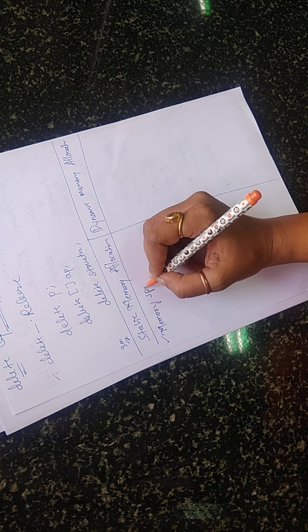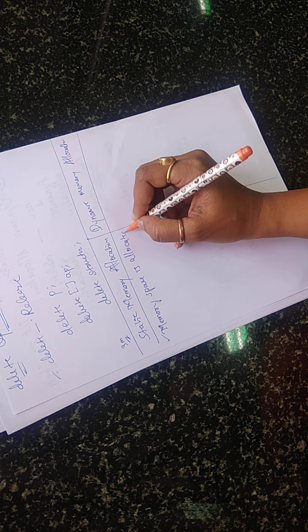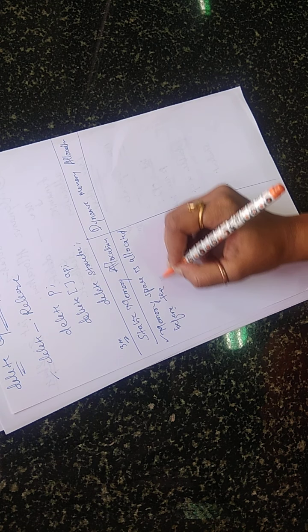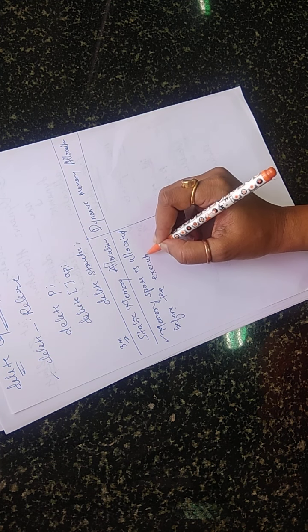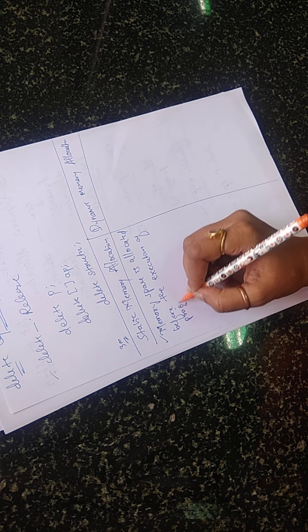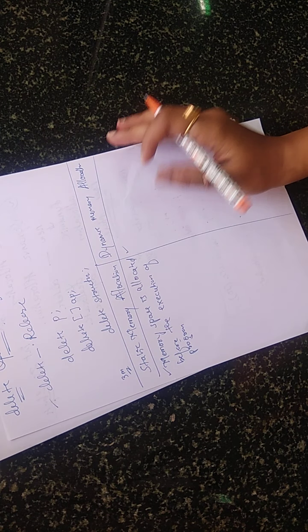Memory space is allocated before the execution of program. And in dynamic, the memory space is allocated during the execution of your program. It is the reverse of static.